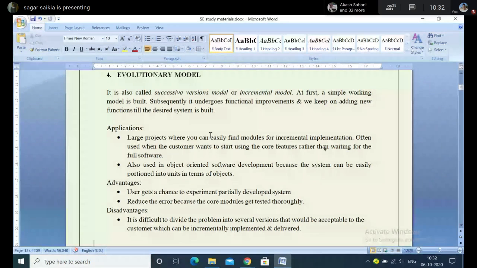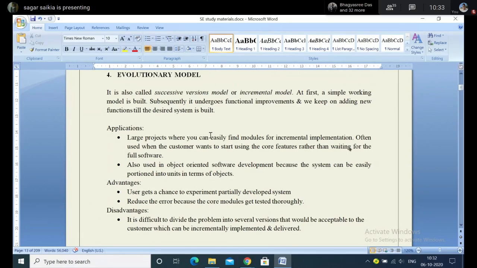Now, what are the advantages? These are the two advantages we can think of. It will reduce the errors one may commit, because there are many core modules and those modules need to be tested thoroughly. The other advantage is that the user gets a chance to experiment with or execute the developed system partially, one part at a time. If one part of the system is developed, it is tested and executed.